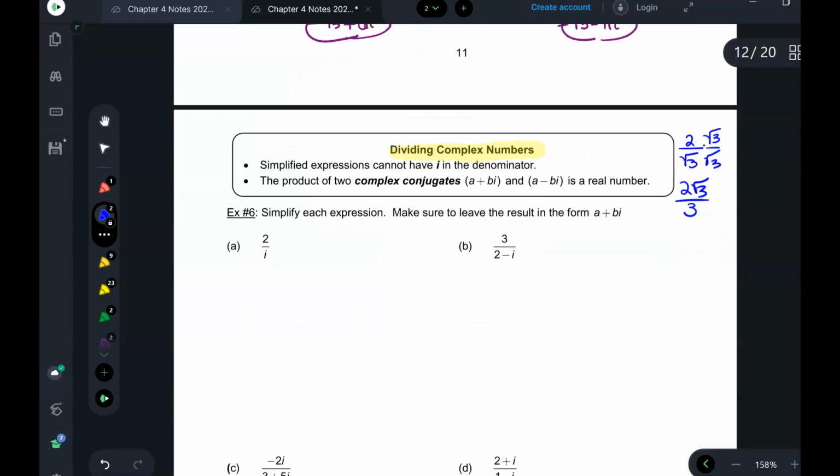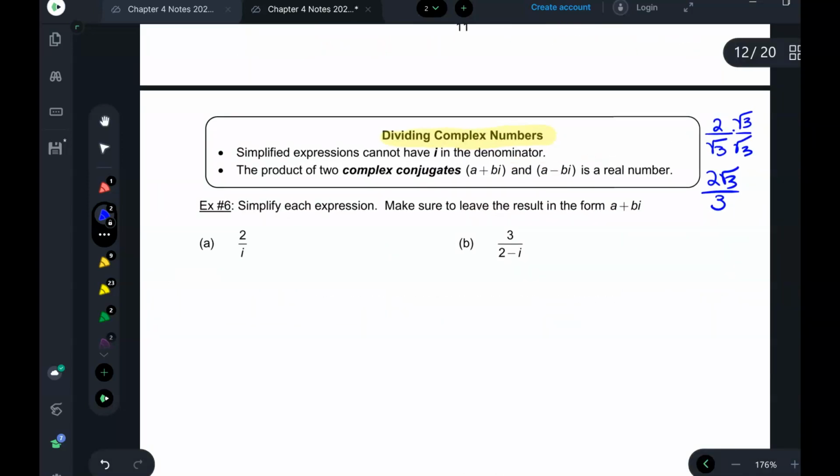What is i? i is the square root of negative 1. So we treat it the same way. We don't want to have an i in the denominator. So no i's in the denominator. So what would we multiply by? i over i.